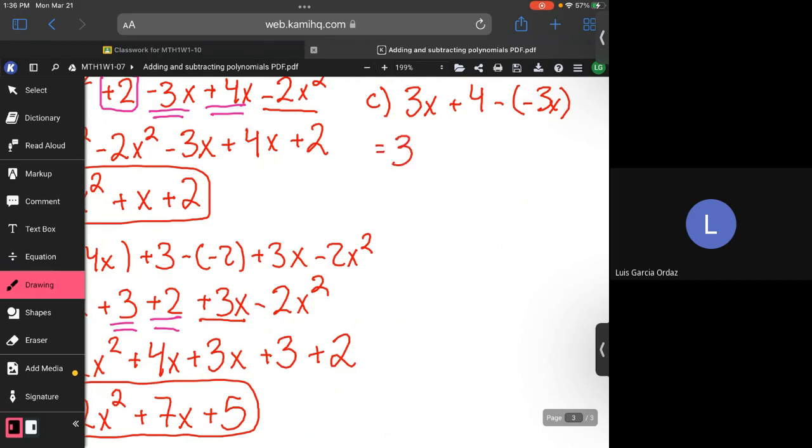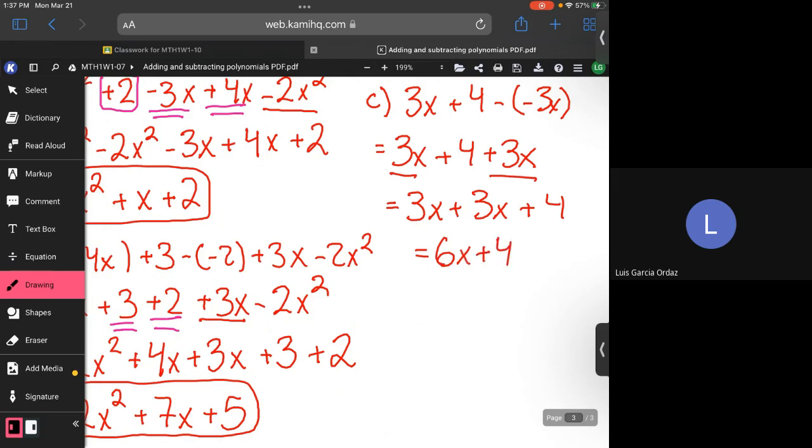Plus positive 3x. So now what's my only pair of like terms? Yazin. 3x and 3x. Perfect. So I got 3x plus 3x plus 4. So what's my final expression? Austin. 6x plus 4. Perfect.